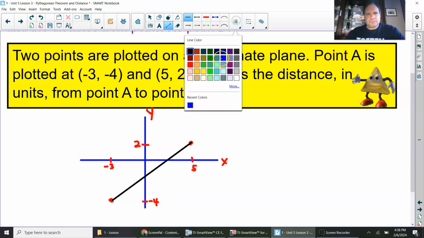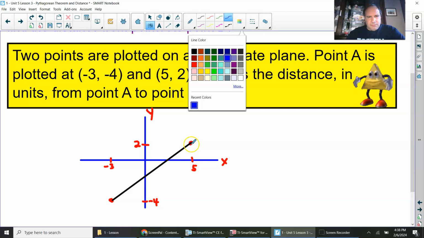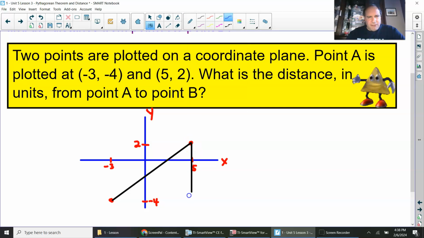And then on my sketch here, I'm going to go down and I'm going to go to the right. So if you want, you could put -2, -1, this is 0, that's 1, this is 2, this is 3, this is 4, that's 5.